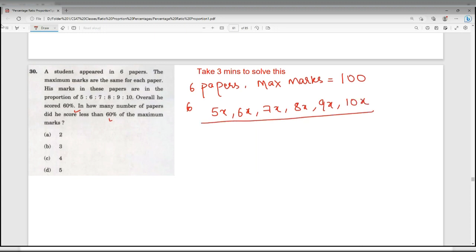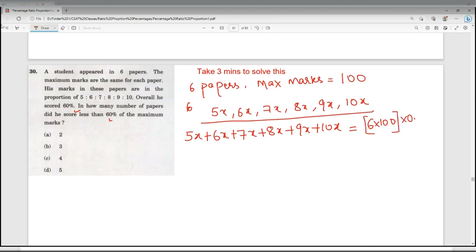And if we add all this, it will be 5x plus 6x plus 7x plus 8x plus 9x plus 10x. And this would be equal to, they are saying that overall he scored 60%. So the total marks would be 6 into 100, and he has scored 60% of this.